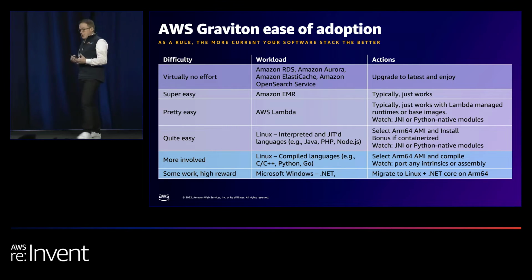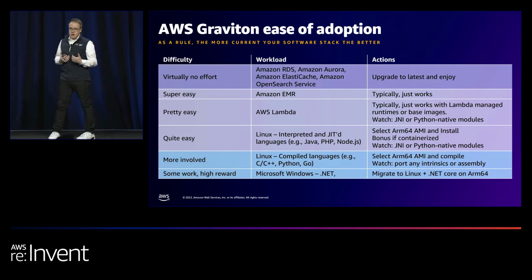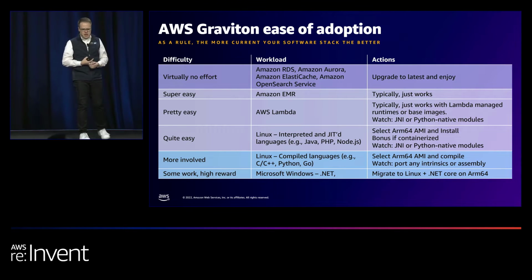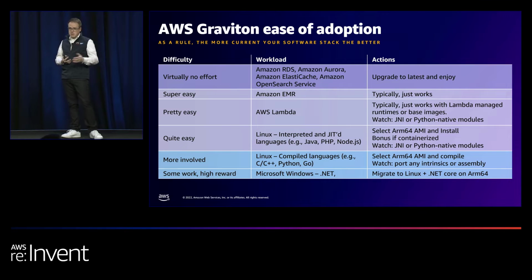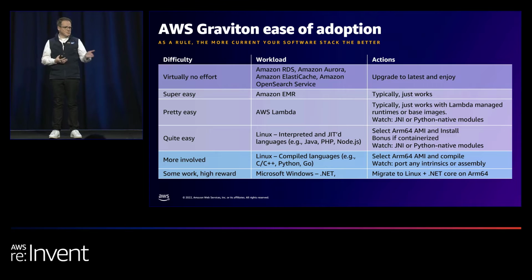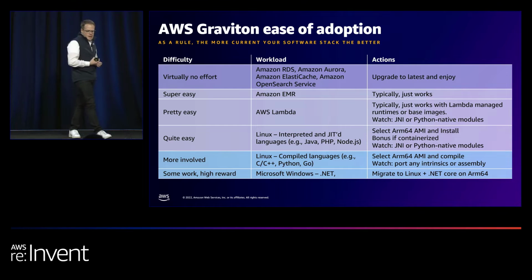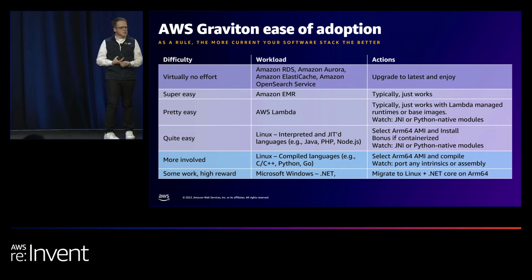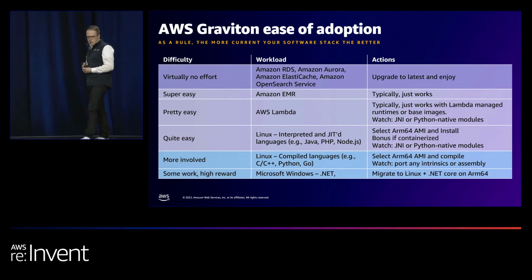So as I mentioned internally, we've done a lot of work to take our managed services already and port those engines, the software that powers them, to be able to leverage Graviton, right? So that's essentially not a lot of effort for you. It's mostly a console selection, right? And then for serverless, again, that's pretty easy. We make that available for you to actually use as well.